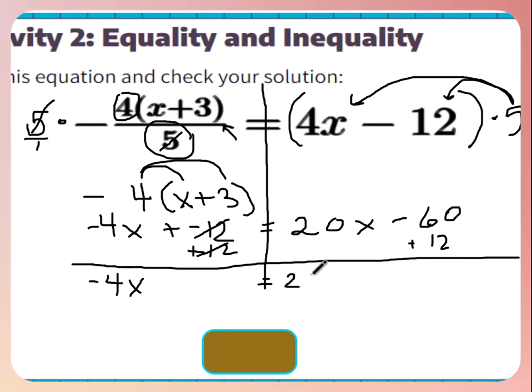Bring down the 20x. And then what is 60 minus 12? On the test, make sure that you're showing your work if you need to. Don't just do it in your head. What I'm saying is use your calculator to check. What is negative 60 plus 12? That is going to be a negative 48.